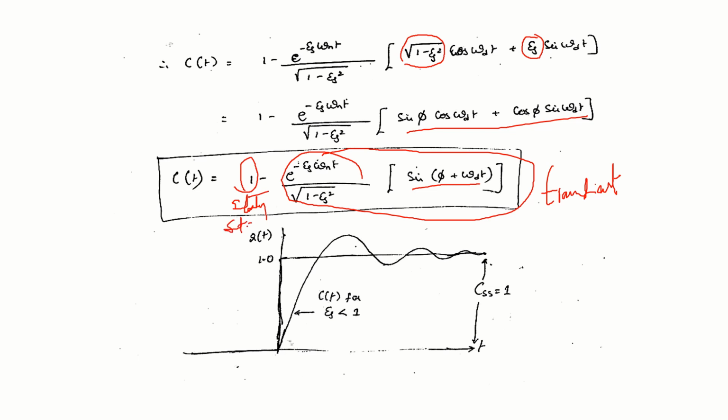Now, this is a decreasing amplitude because for a given system, zeta and omega n are known. As t varies, this decreases. So amplitude decreases.